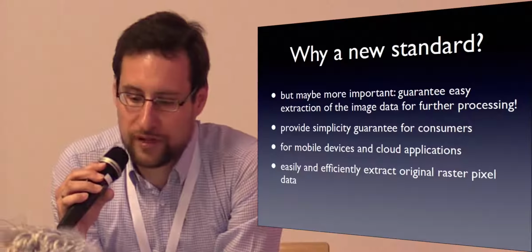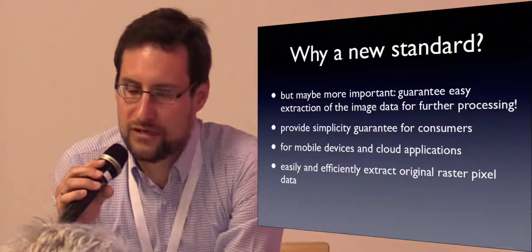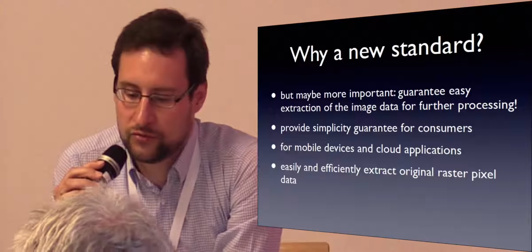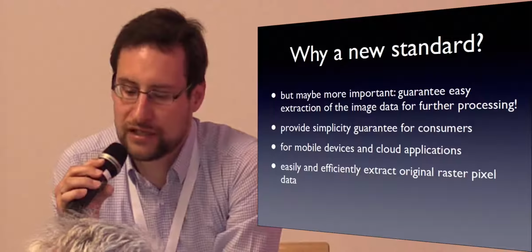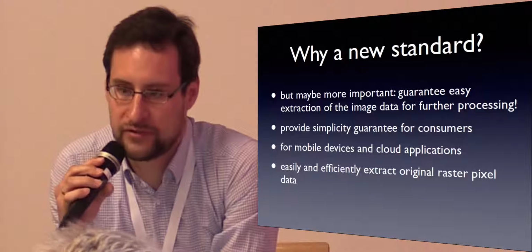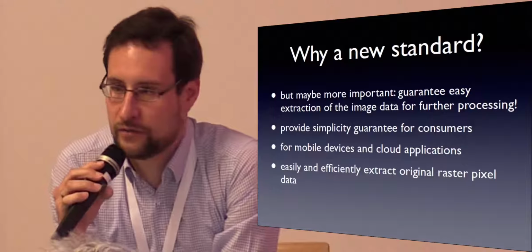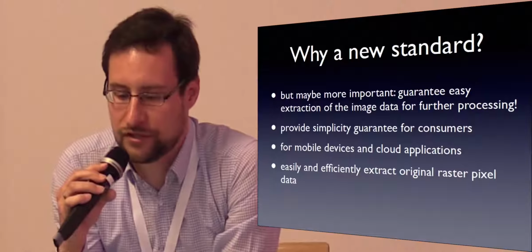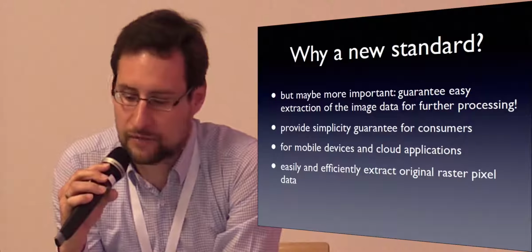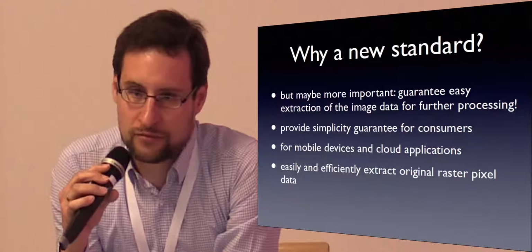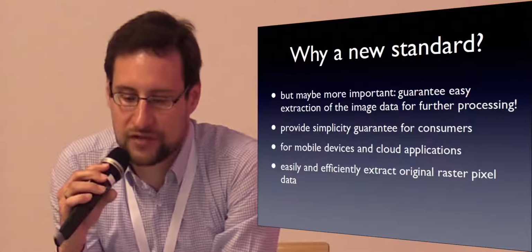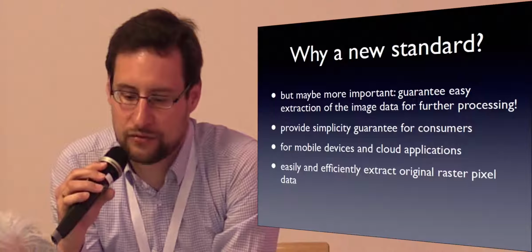And also mobile devices may not be so powerful to do the full PDF rasterization quickly. And for cloud applications, if you run a bigger server farm, you have a big application, a government application, a bank application, you have hundreds of servers, the more processing power you need to process all your scanned data, the more expensive it becomes for you.